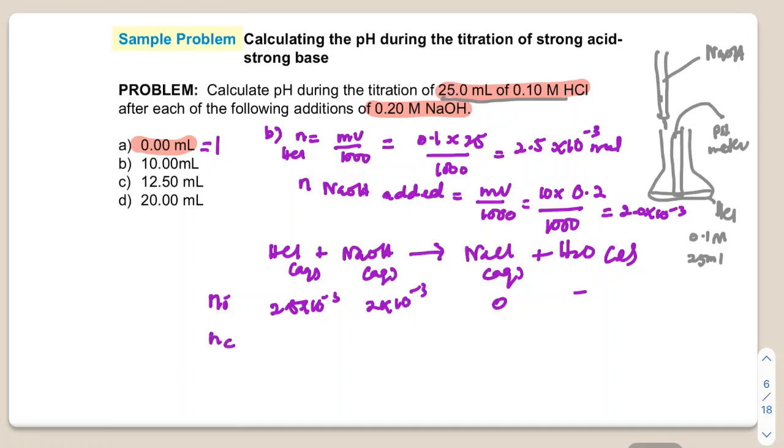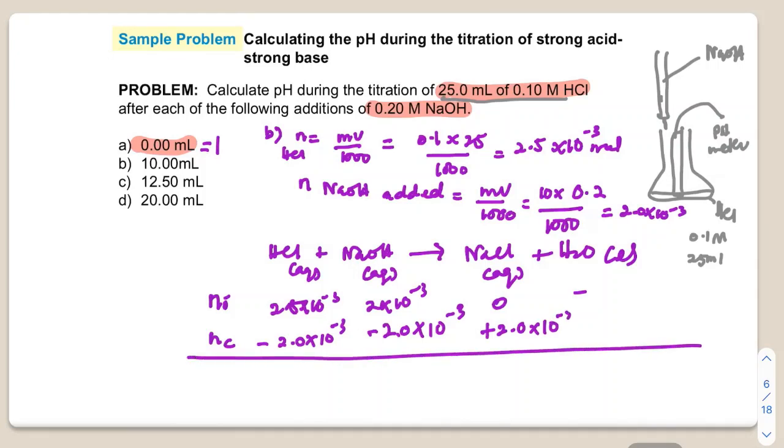Then for n change, we have to identify the limiting reactant. For HCl we have 2.5, while sodium hydroxide only 2, so sodium hydroxide is the limiting reactant. It will be completely consumed during the reaction. So it will be minus 2.0 times 10 negative 3, minus 2.0 times 10 negative 3, and plus 2.0 times 10 negative 3.